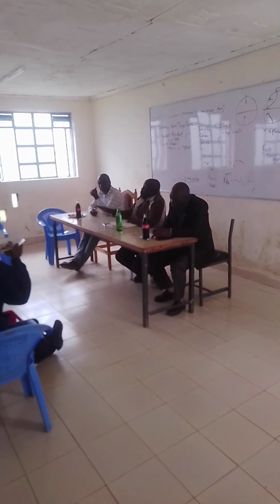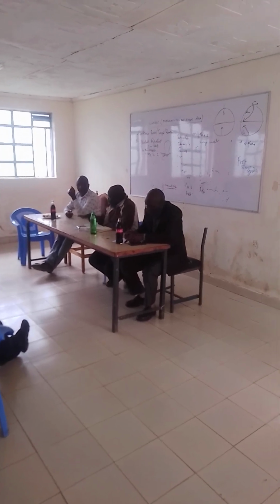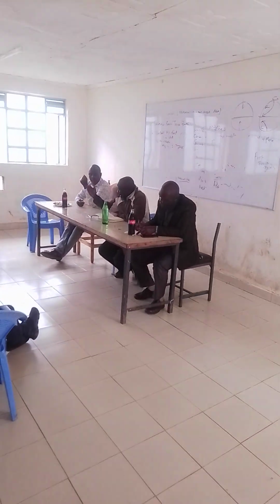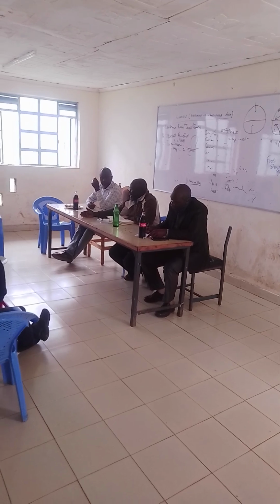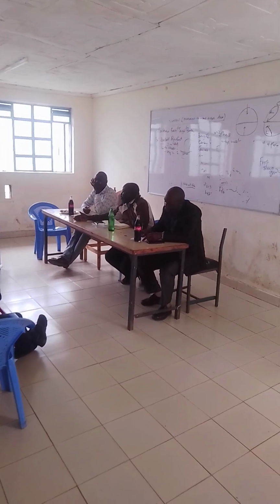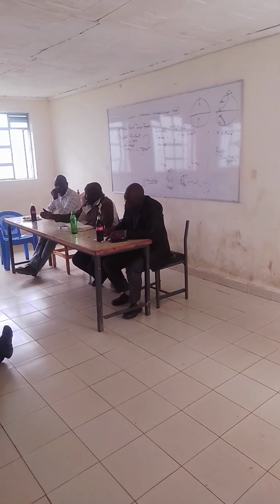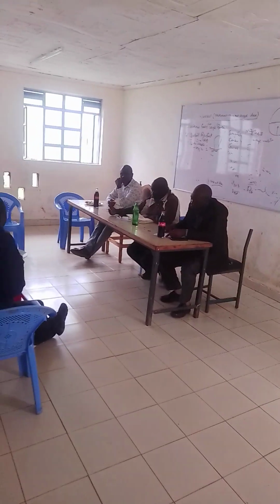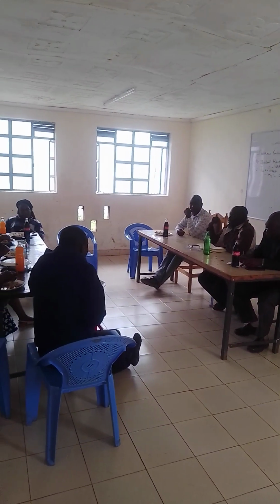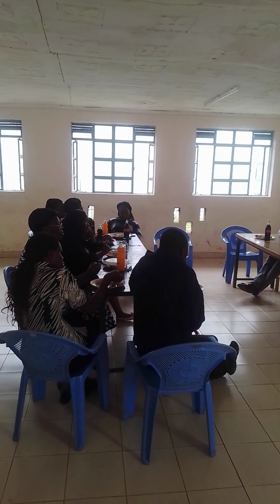Let no student cheat you that after scoring an A minus in general, he can get into law. That student cannot get into law, even if he's going self-sponsored. Even if he does a law course in Uganda, when he comes to Kenya, he cannot be admitted to the bar because that is a requirement at the Kenya School of Law.